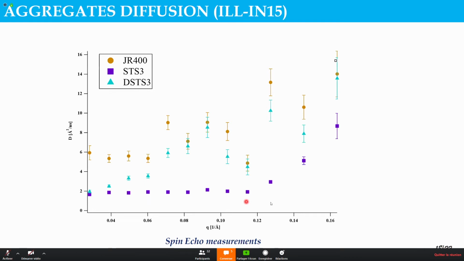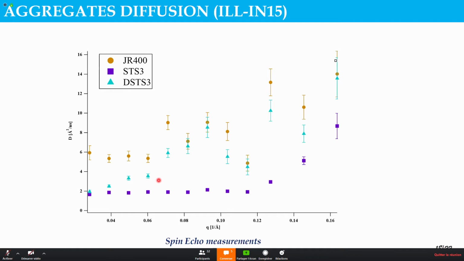And you can see that at high values of Q, this diffusion is still dominated by the JR400, by the polyelectrolyte. And when you work with the deuterated STS, at lower Q, you still see the aggregates, as they are not perfectly matched out. And in the middle part, we are able to see the part of the JR400 which is inside the aggregate.